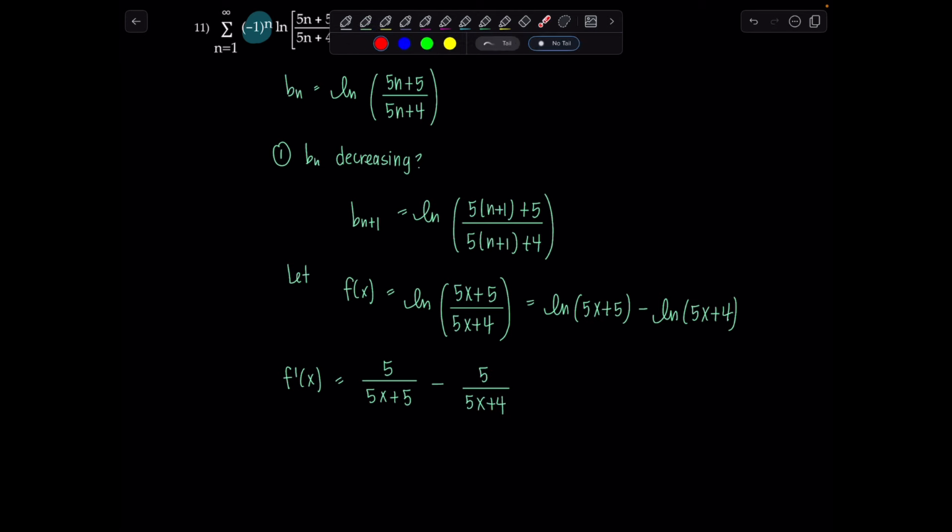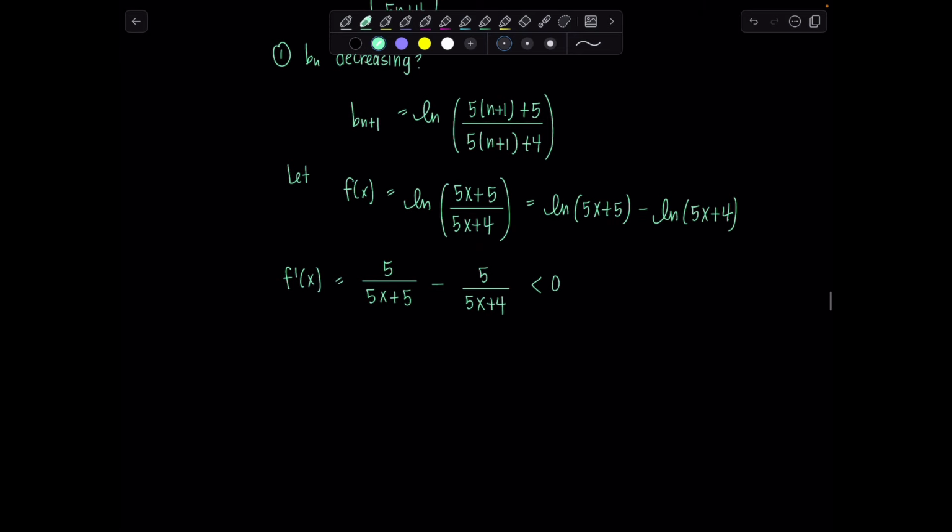Now you could say already this is negative because this denominator is bigger than this one. The numerators are the same. So this term has to be smaller than this one. So if I subtract something bigger, it's negative, right? So you could just be done. You could say this is negative. That's cool. If you didn't spot that though, then just get a common denominator. It's not a big deal.